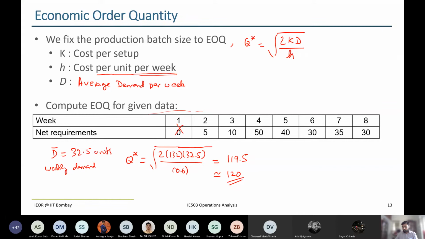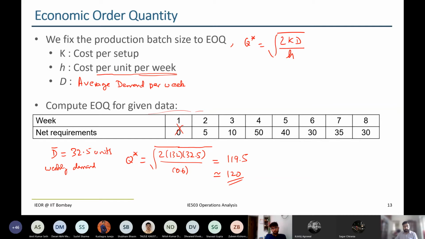It looks like I made a mistake in the average computation. Sorry.